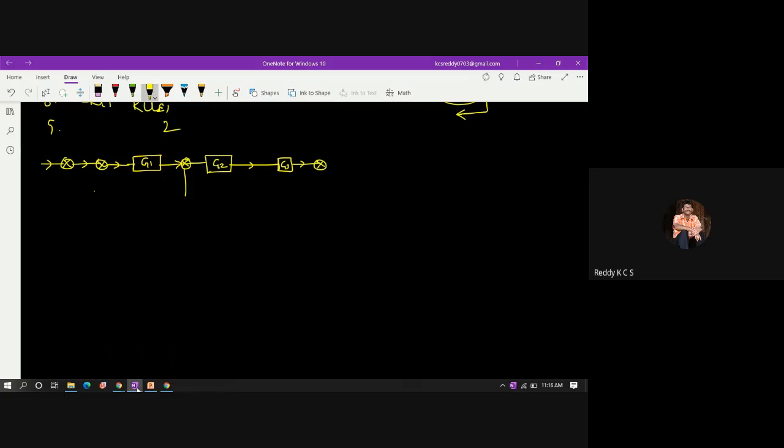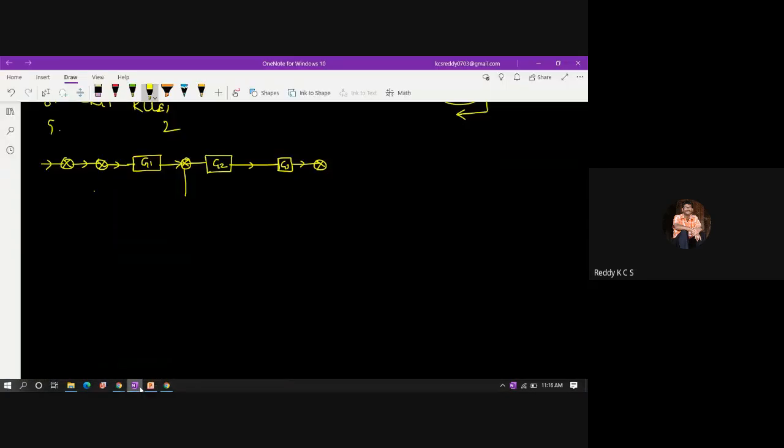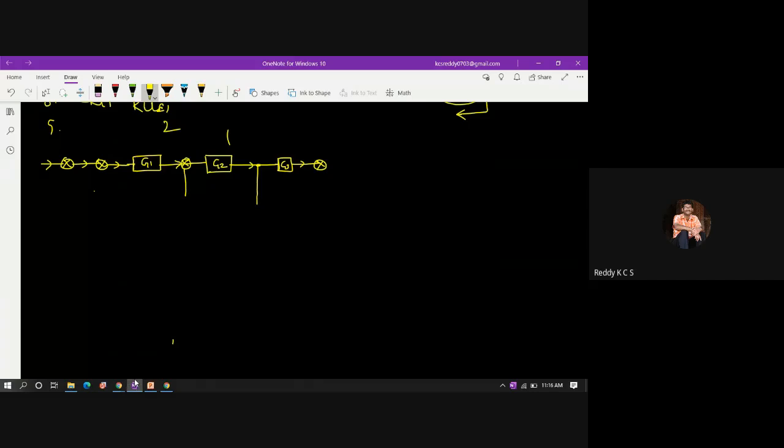Okay, and then from G2 to G3 one takeoff point is there. So there is one takeoff point, and anywhere else? Yeah. Between the summing point and that takeoff point, we have one more takeoff point here.